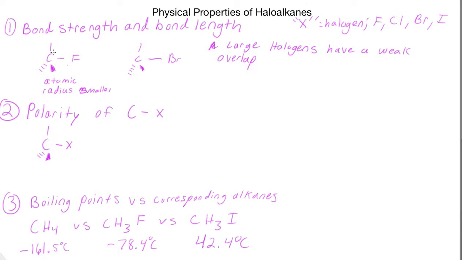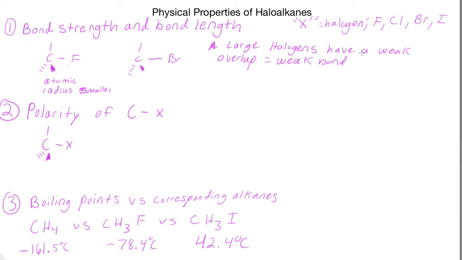So if we look closely at this carbon atom, what is the hybridization of it? Well, that is sp3, and it is overlapping with a p orbital on the fluorine. Now, the p orbital on the fluorine is much smaller than it would be on the bromine, and that is why the overlap is much weaker in bromine than it is in fluorine. So large halogens have a weak overlap, and that means we have a weak bond.